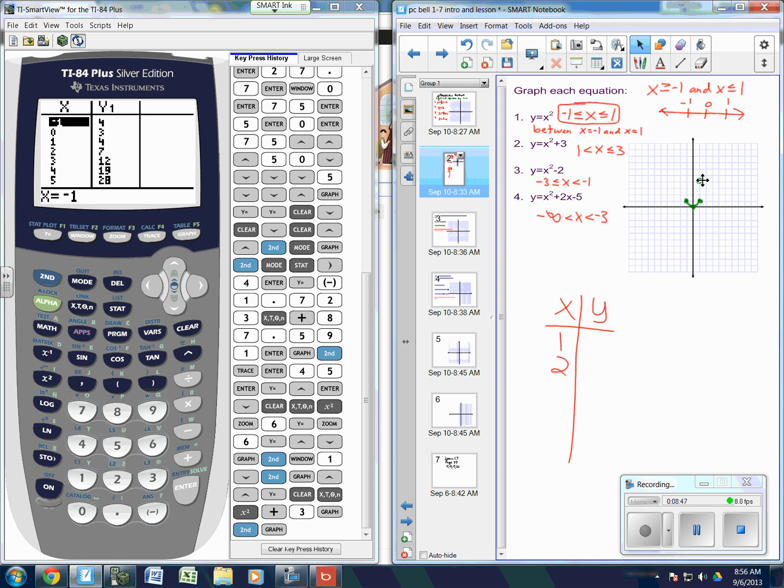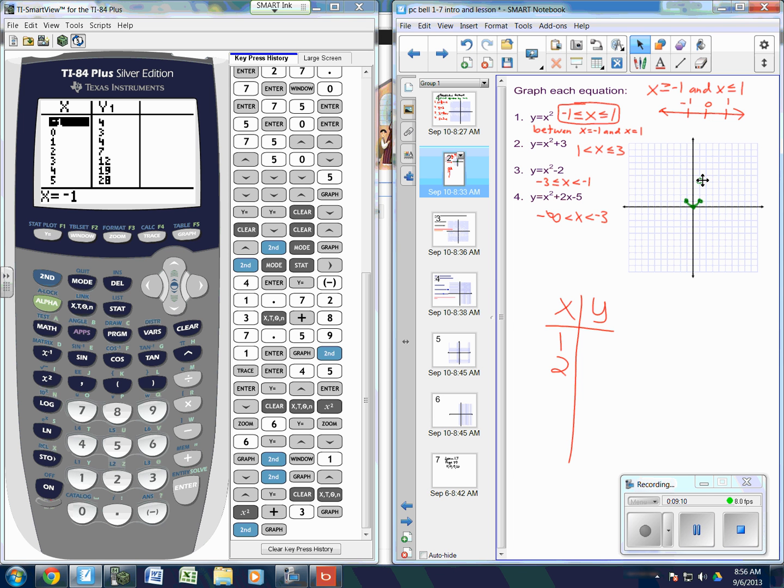Why a hollow circle? Because it can't be 1, because if this is going to be a function, my first graph included 1, right? So notice that the first graph had a solid circle at 1, comma 1. Okay, then I look at 3, because I'm going to 3, 3, comma 12.